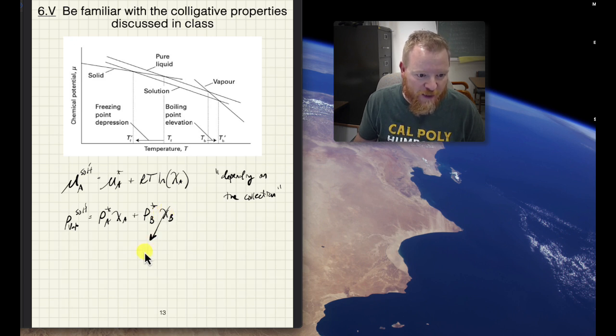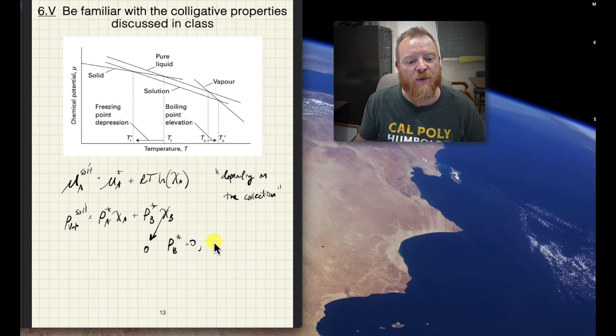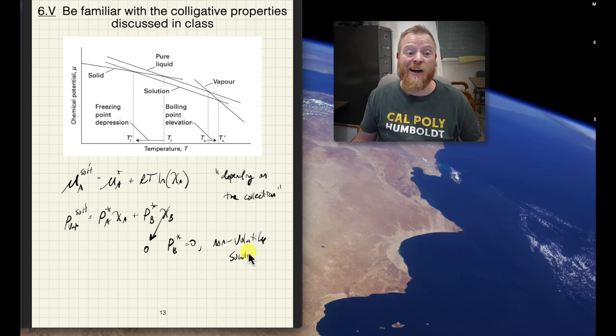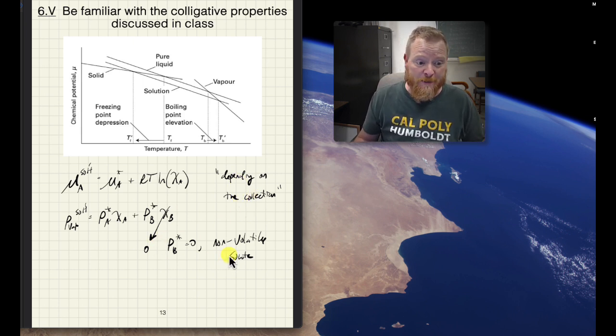So I'm going to cross that out and say that goes to 0. P_B star equals 0. So that is a non-volatile solute, something like a salt, for example. Okay. So depending on the collection really means just depending on the amount of solute present.